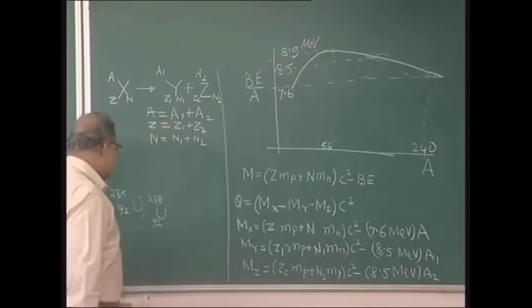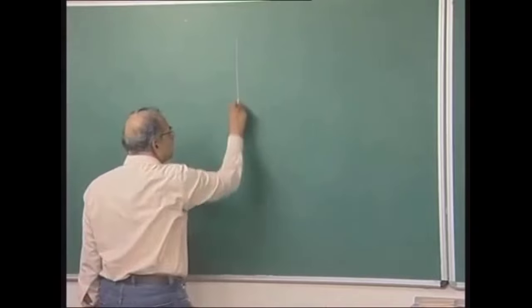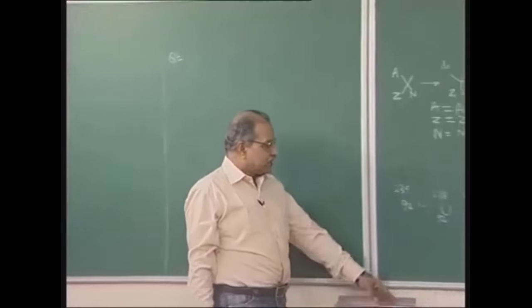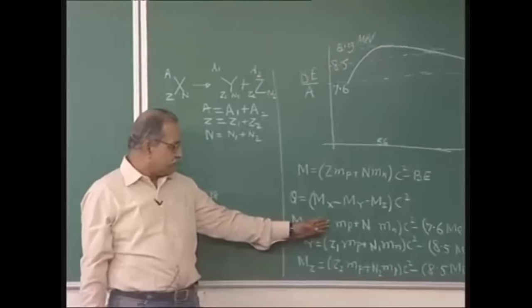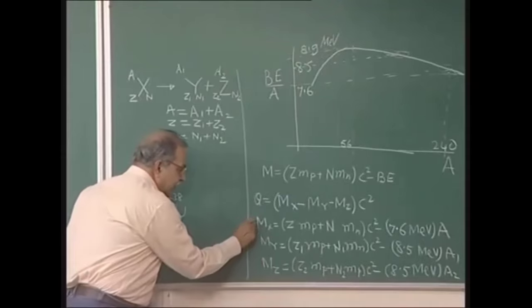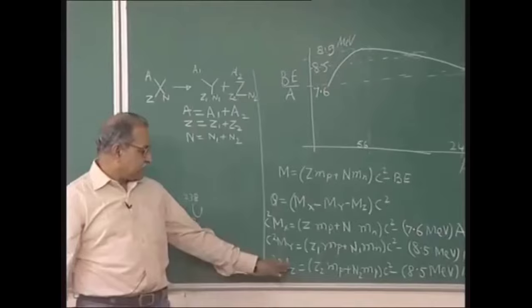Now, you can work out this Q value, and the Q value will be mx c square minus my c square, this is all c square here, and minus mz c square.